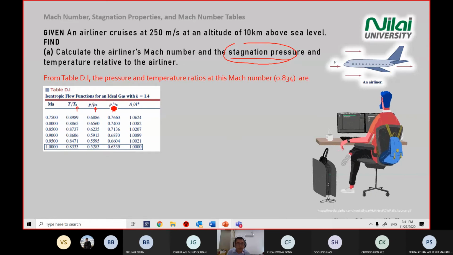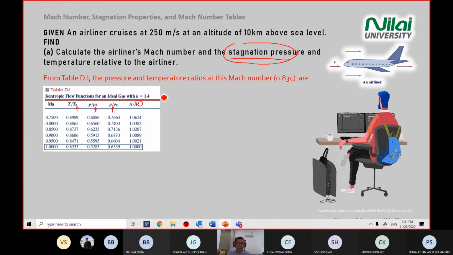Then this one is the density, which also means density over density at stagnation. We will explain about this one later. Star means the critical scenario, which we will look into in a later session.